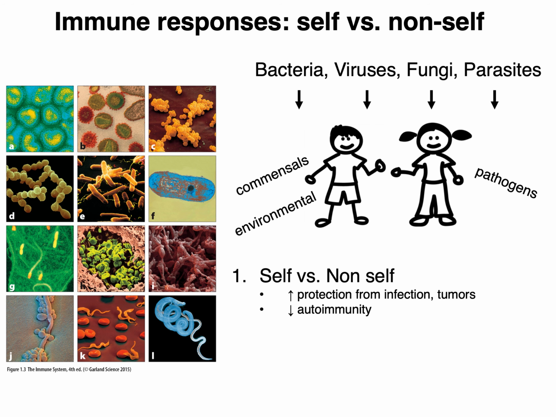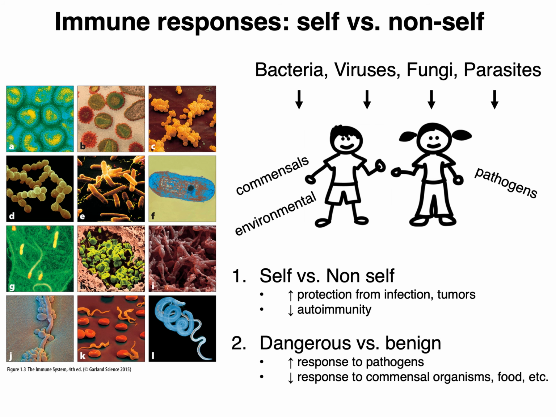The key function of the immune system is first to distinguish between self and non-self, and this helps increase protection from things like infectious pathogens, but also other things like tumors. But the immune system also wants to make sure that it is only inducing an immune response to foreign things, and so this ability to distinguish between self and non-self decreases the chance of autoimmune reactions developing.